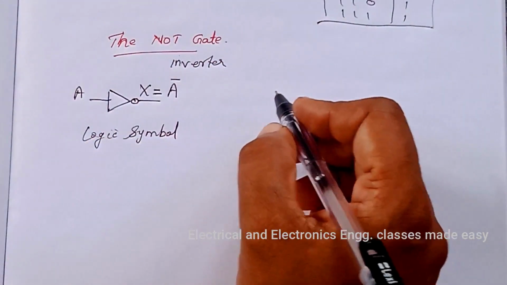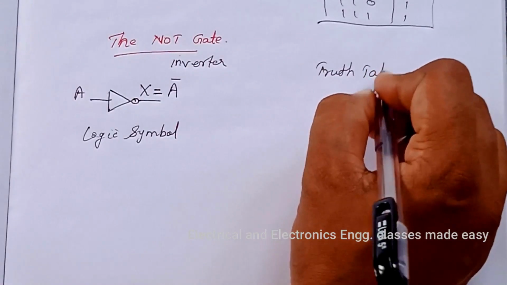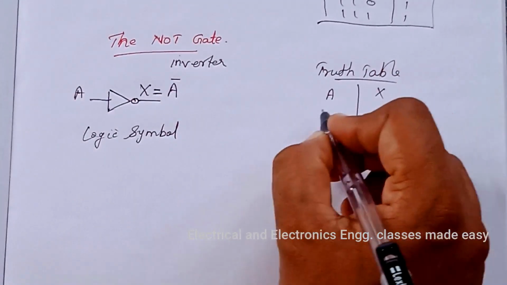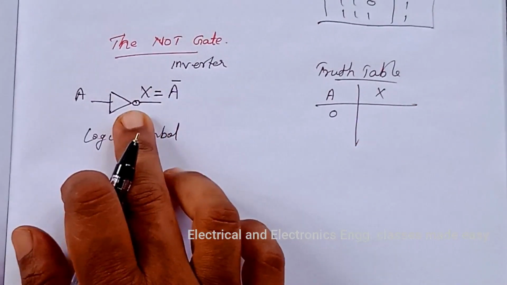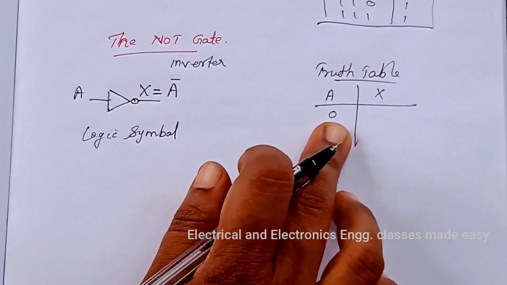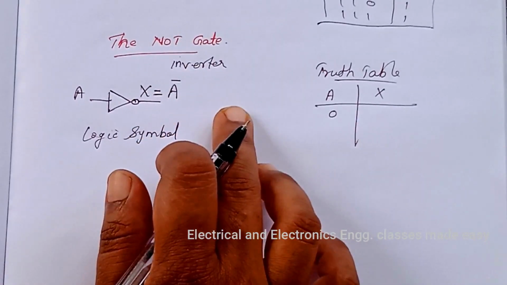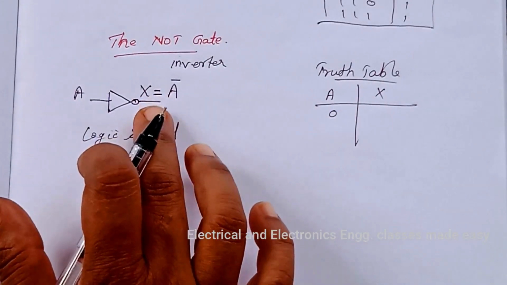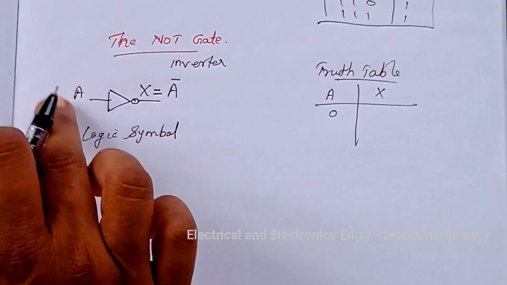And the truth table: only one input and one output. That is, when the input is 0, the output will be its complement. The output of a NOT gate will be the complement of the input.